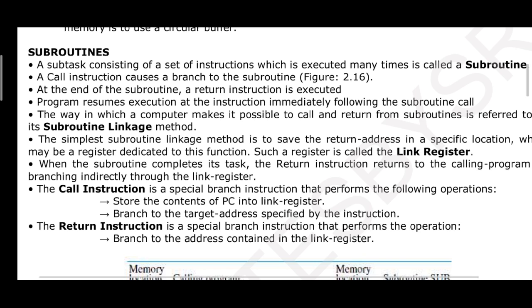The call instruction causes a branch to the subroutine. To make a call to the subroutine, we have to explicitly write an instruction called CALL, followed by the name of the subroutine, which will take the control to the particular location. At the end of the subroutine, control should be transferred back to the calling function.